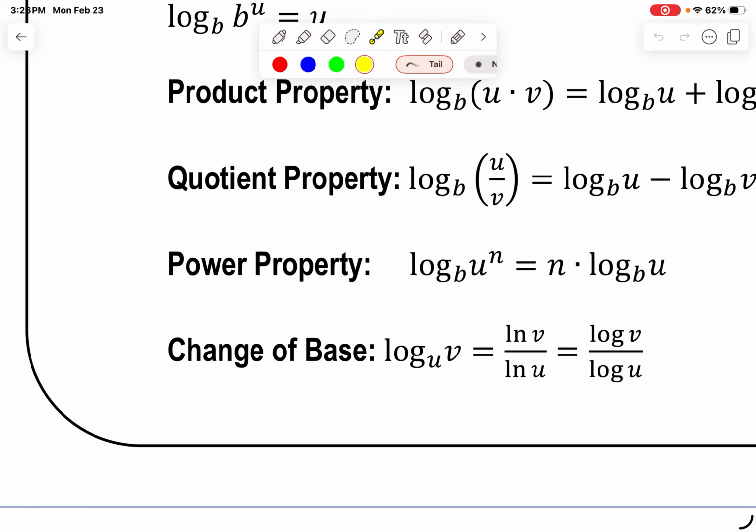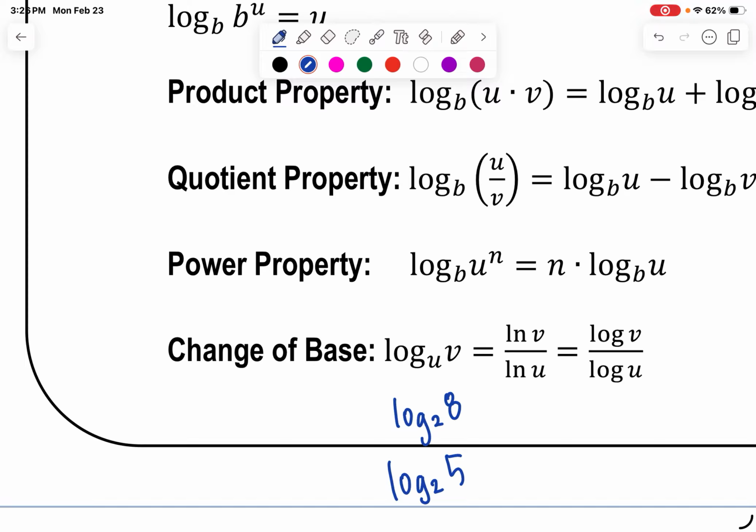Now, why is this helpful? Let's say that we had log base 2 of 8. This is asking us 2 to what power gives us 8, and it's 3. But what if we had log base 2 of 5? 2 to what power gives you 5? Don't know.